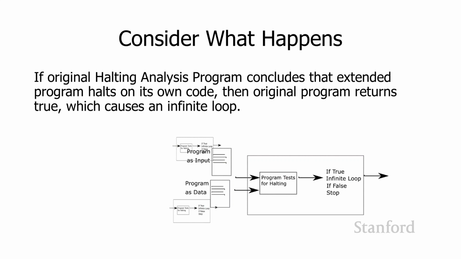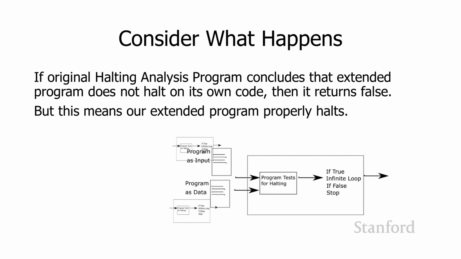So that's a problem, because we just said that it was supposed to stop, but in fact, it's entering an infinite loop. On the other hand, if the original analysis program concludes that the extended program does not halt on its own code, then that inner original test program returns false.